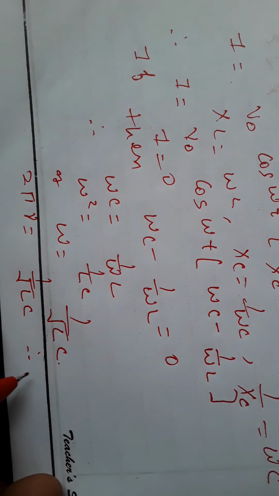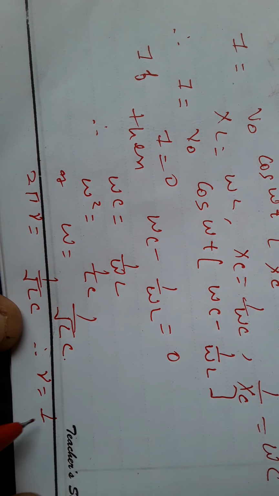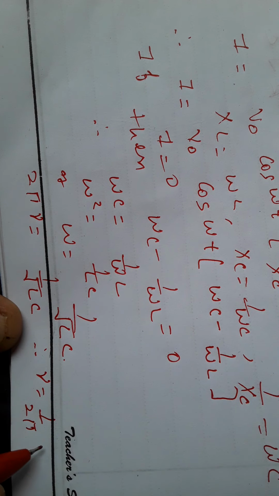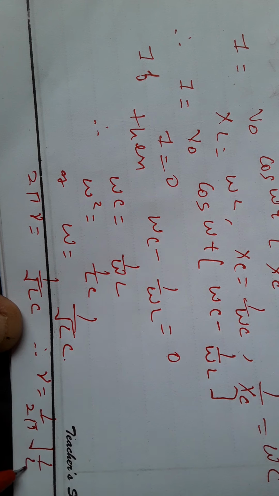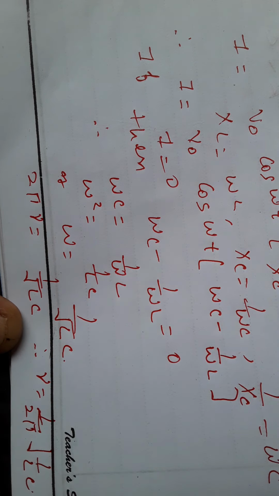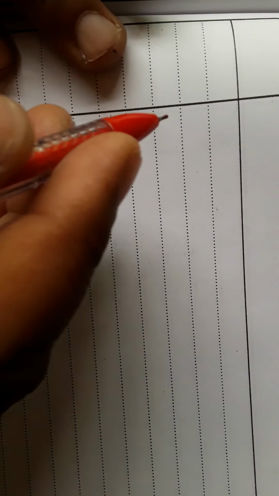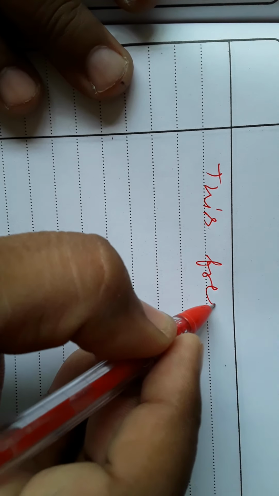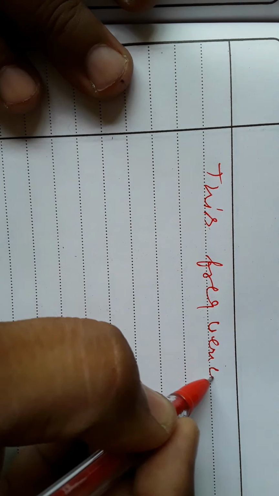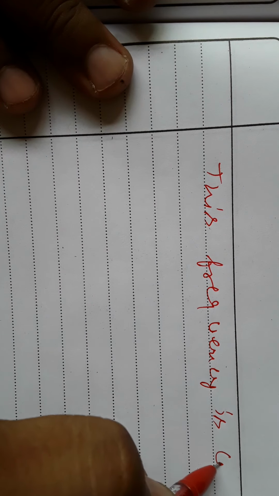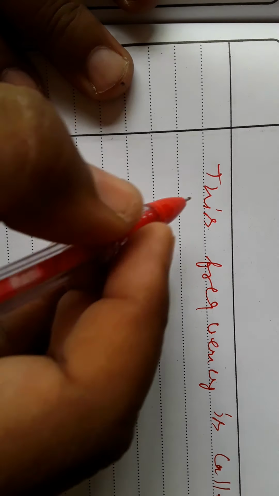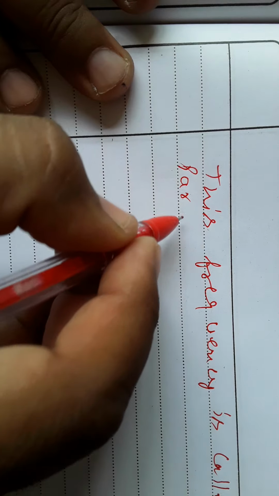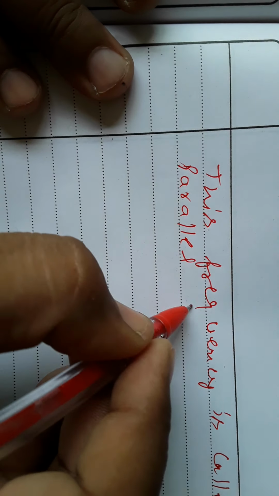Therefore nu is equal to 1 upon 2 pi under root LC. This frequency is called the parallel resonance frequency.